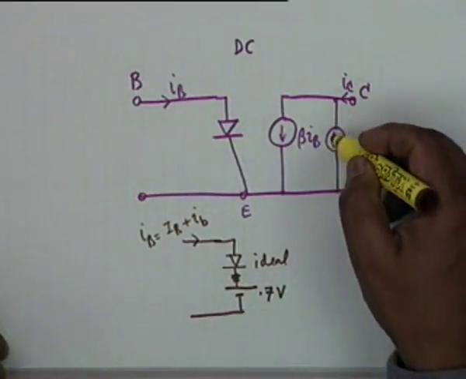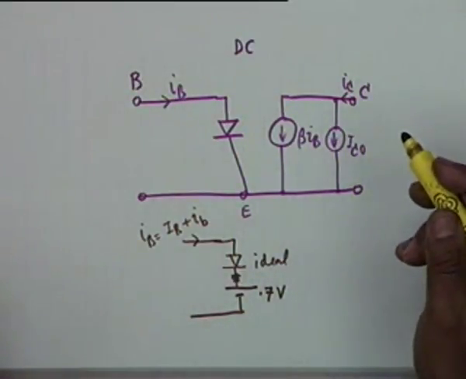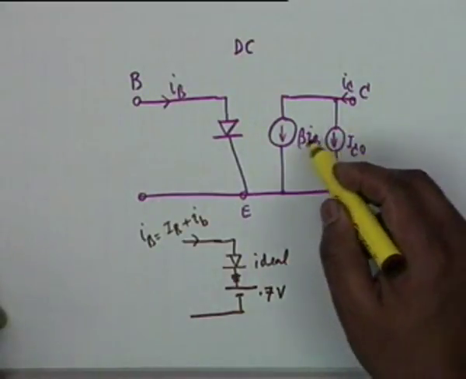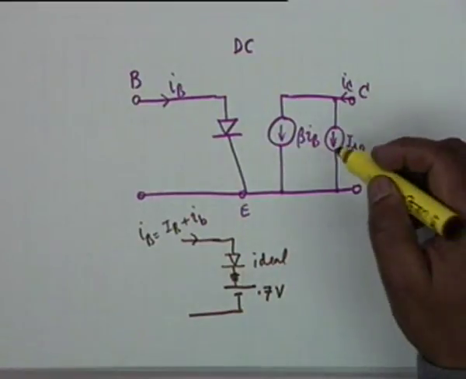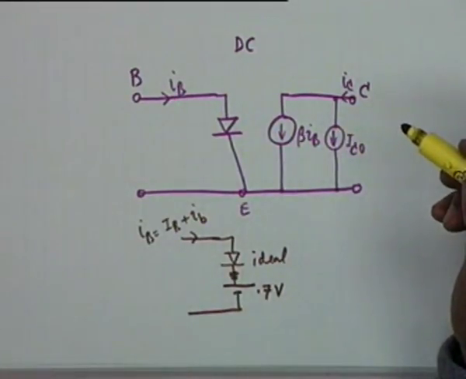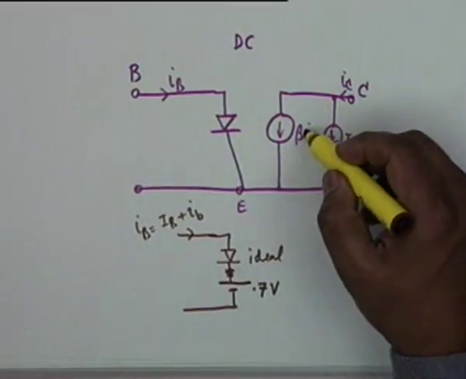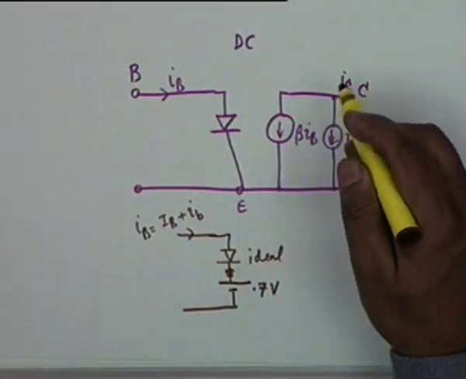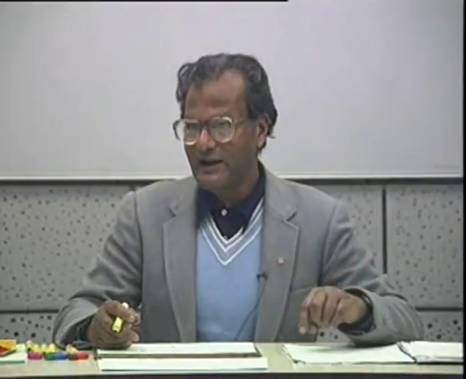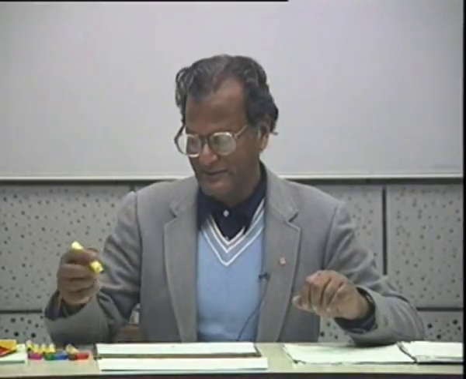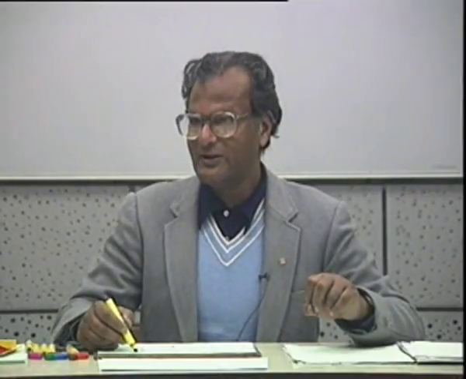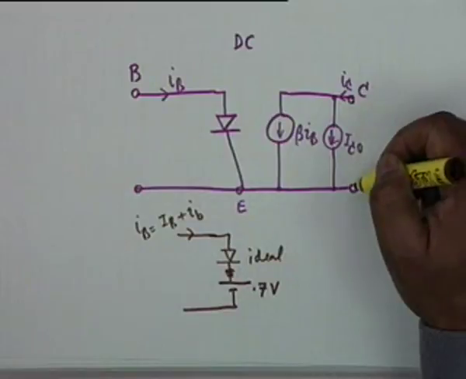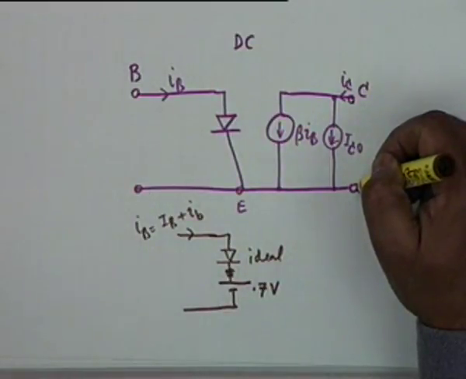As far as the output circuit is concerned, for DC this is the circuit, but for AC, which will disappear? Will both of them disappear? This will disappear, but beta IB shall remain, because beta is the slope dIC/dIB. Agreed? And in addition, for AC, there shall occur a resistance from collector to emitter, and this resistance is the early resistance.